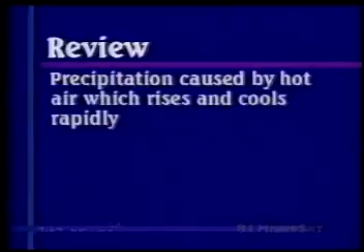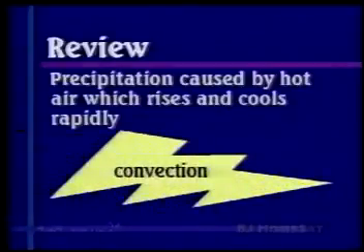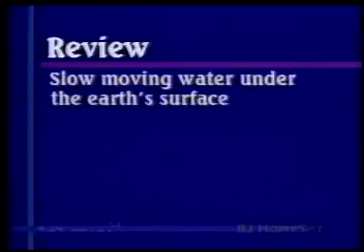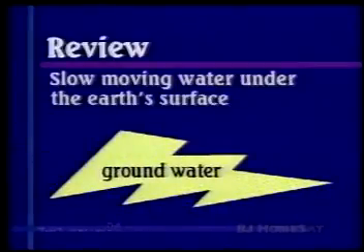Precipitation caused by hot air which rises and cools rapidly. That's our convection precipitation. What do we call slow-moving water under the Earth's surface? Groundwater.